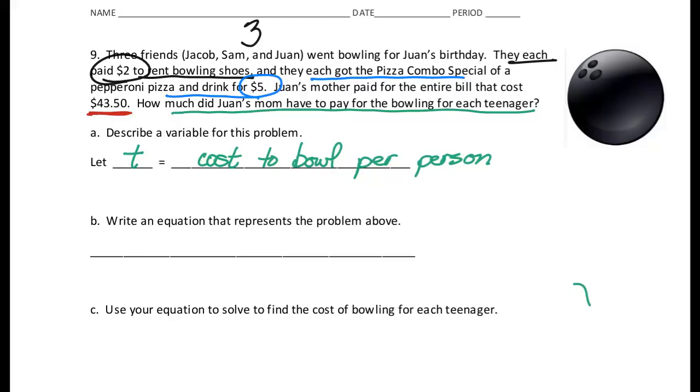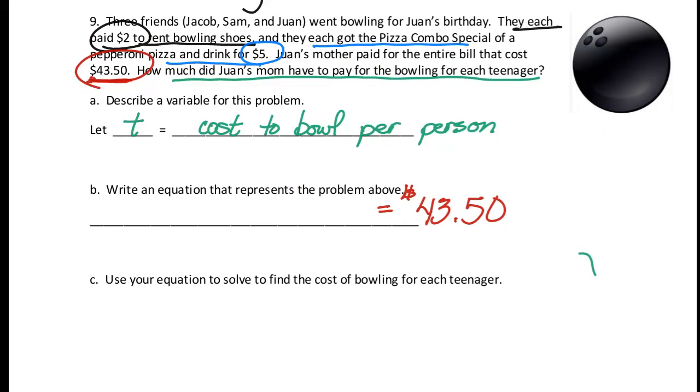The end. Yeah, the total is how much was paid all together. So I'm going to put $43.50 back over here. And total usually means we're adding everything up, right? What is that total made up of? What did we pay for first? Shoes. All right, so I'm just going to write this. So we got shoes. What else did we pay for?